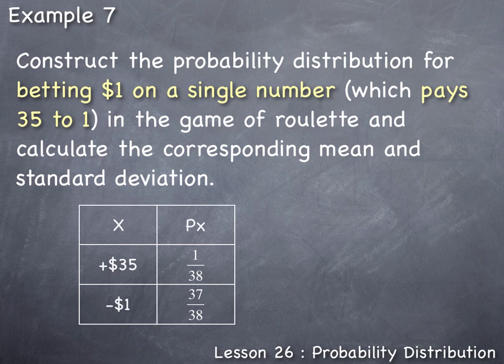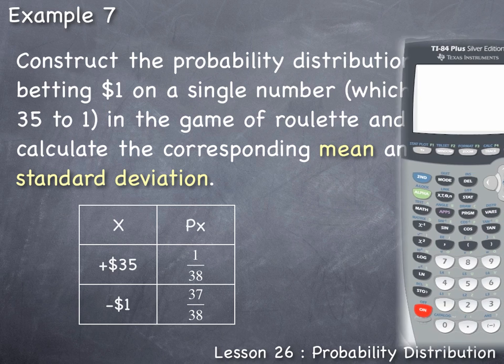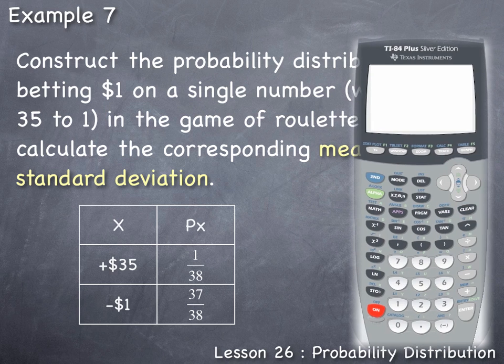Now we need to calculate the corresponding mean and standard deviation. We will use the TI-84 calculator to help us do this. To enter the probability distribution into the calculator, we press Stat, Enter to get to the list editor. And then we enter under List 1 the values of the random variable, starting with the positive 35, Enter, and a negative 1, Enter.